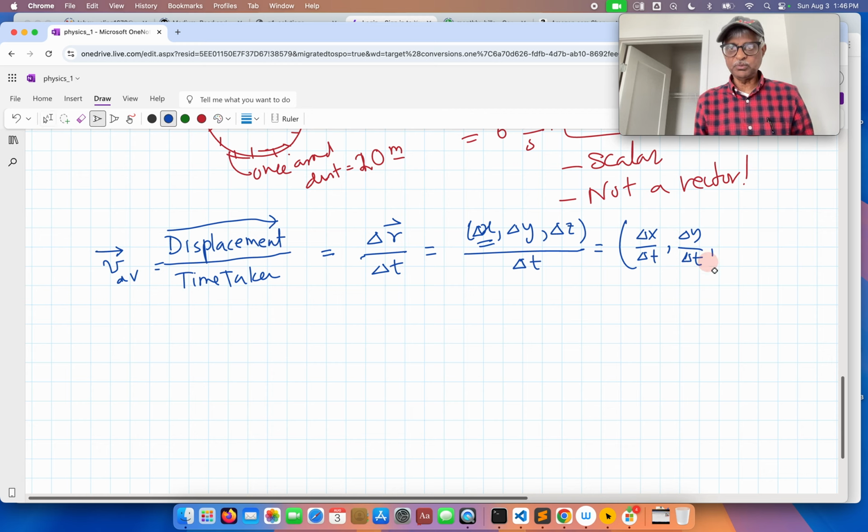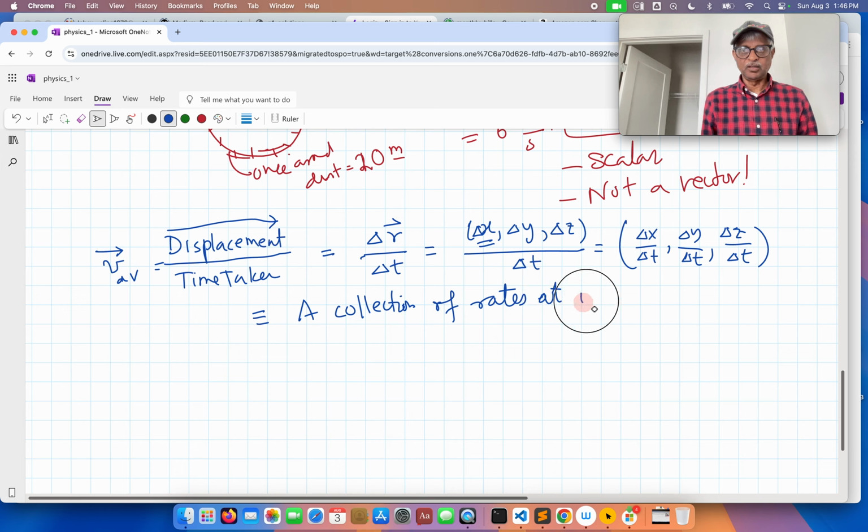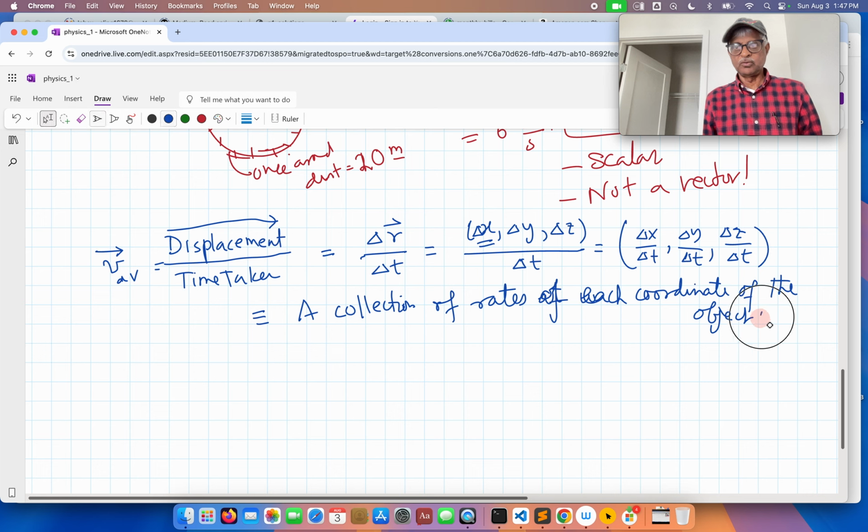So this basically is a collection of rates of each coordinate of the object with time.